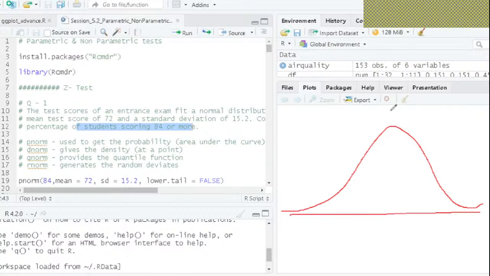This is a normal distribution. Tell me, what should I put here? Who will tell me? What should I put here? What is this line? Yes, what is mu? 0?